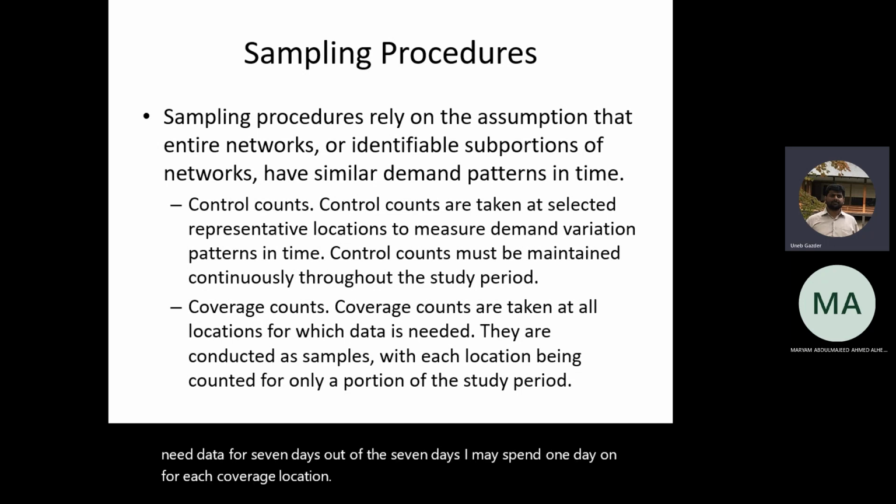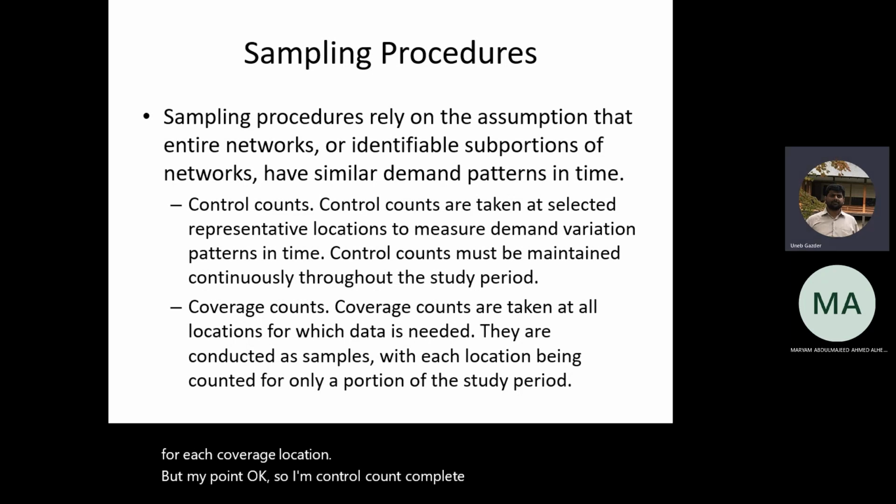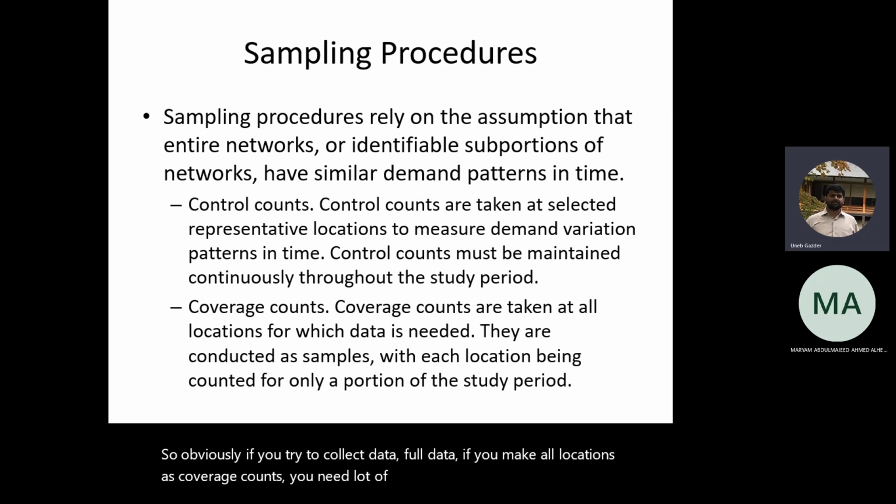Got my point? So on a control count, complete data. Coverage count, a portion of the data. Obviously, if you try to collect full data and make all locations coverage counts, you need a lot of resources, a lot of people.